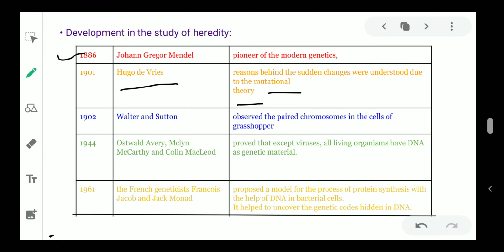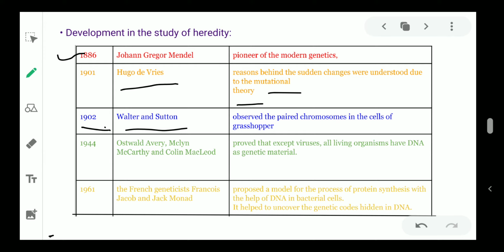Then followed by this, Walter and Sutton in 1902. What did they do? They observed the pair of chromosomes in the cells of grasshopper. Okay, and they were the ones who said chromosomes are the basis of heredity. That is, the main traits which are carried to the next generation are because of the chromosomes.